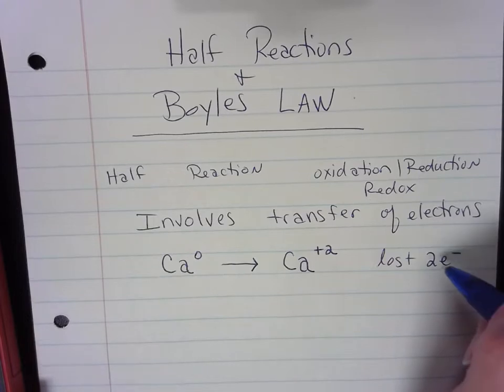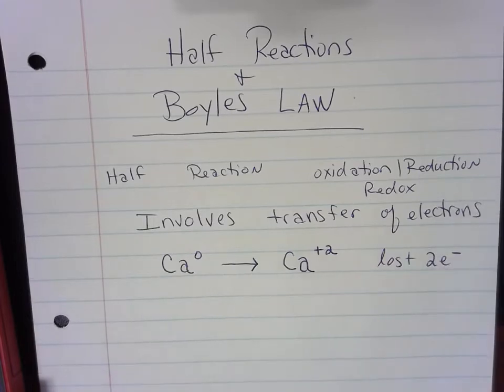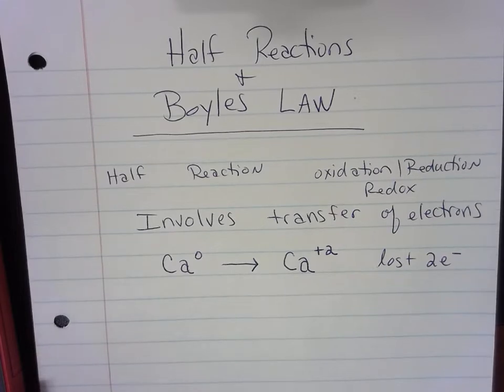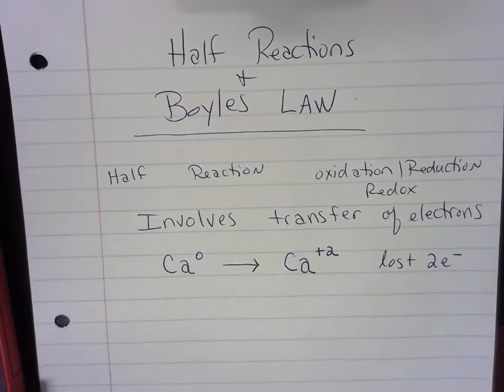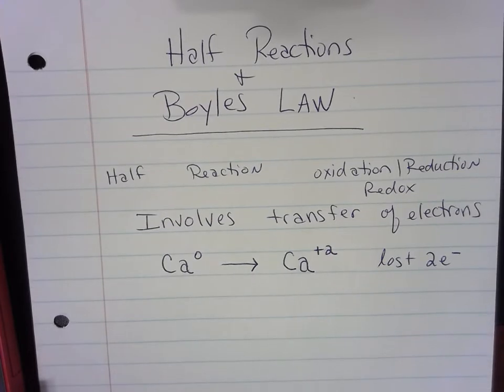Now, the way that we write this, first of all, the term half reaction, I'm not going to explain it, because if I do, it will get very complicated to you. I'm going to make this as simple as you need to get you through this test. That is your goal, to get through this test.